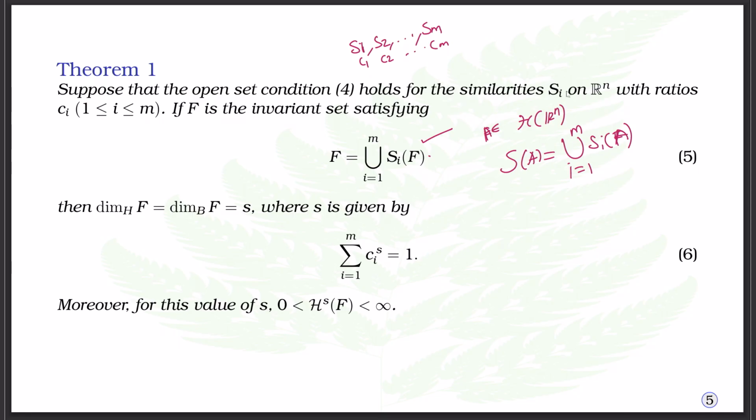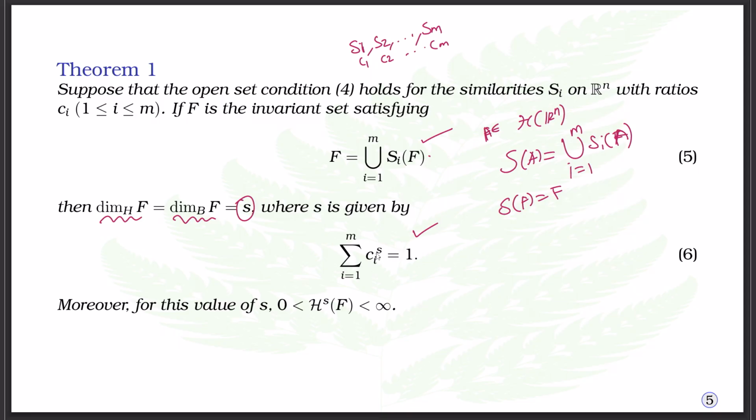So, associated with the iterated function system, that means these similarity mappings S_i, we can find the invariant set. Suppose this exists, that invariant set satisfies S of F equal to F, that means F is written as the union over i equal to 1 to m of S_i of F. Then the box counting dimension of F as well as the topological dimension of F are both equal to s, where s is the solution of the equation sum over i equal to 1 to m of c_i^s equal to 1.